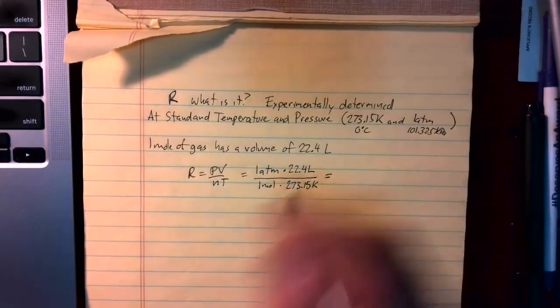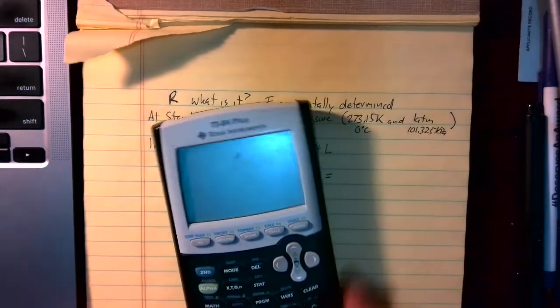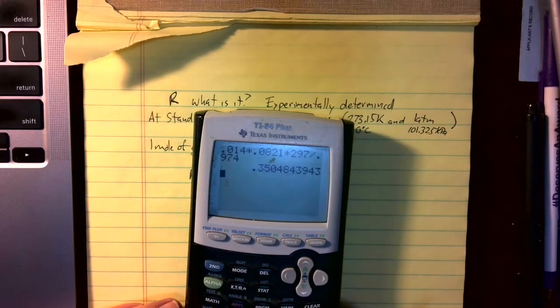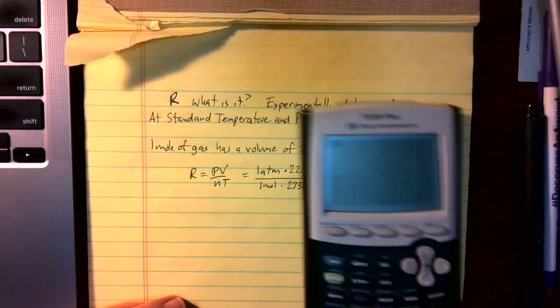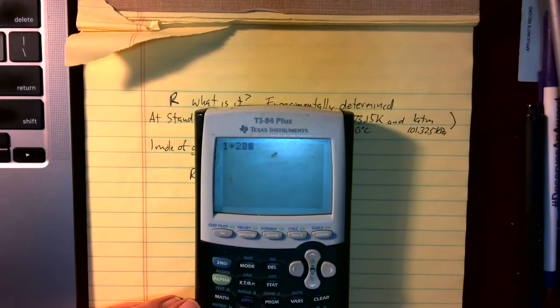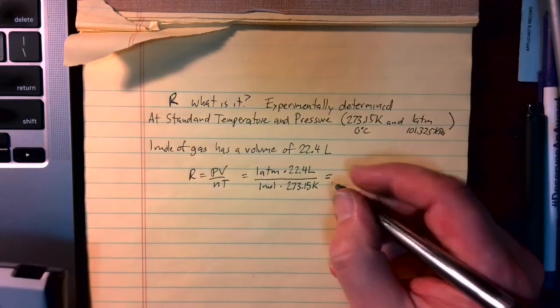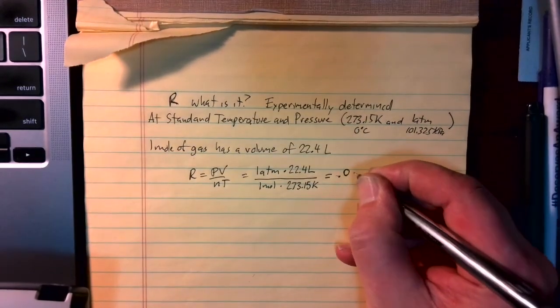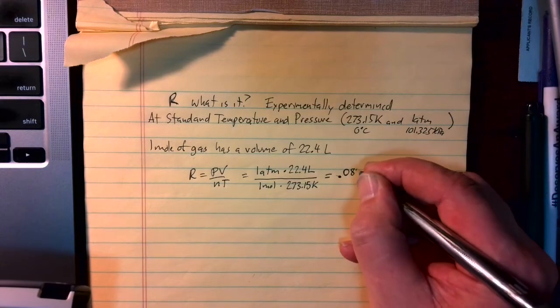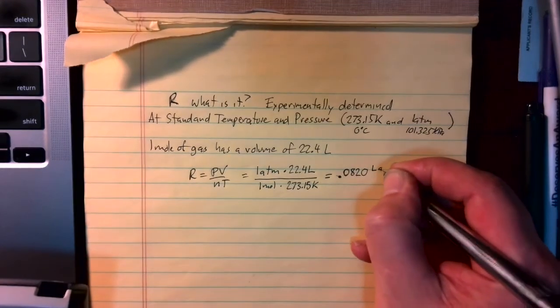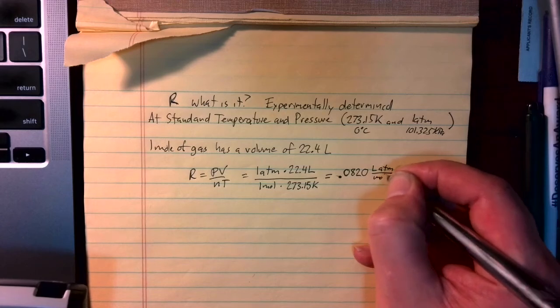So when we divide this out, we would say 1 times 22.4 divided by 1 and also divided by 273.15, and we would get 0.0820 liters atmospheres per mole Kelvin.